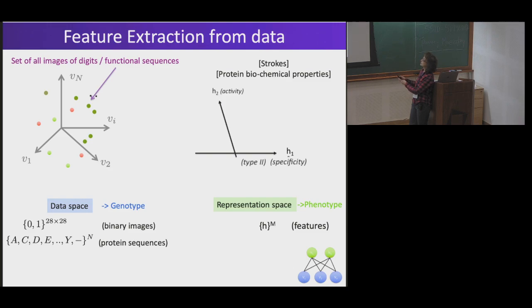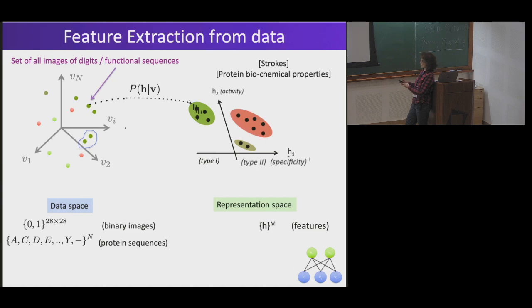For example, the strokes in the first example of images, or protein biochemical properties like the specificity, the activity, and so on. And so you will cluster this space of sequences into different clusters, which will activate your hidden units in different ways.